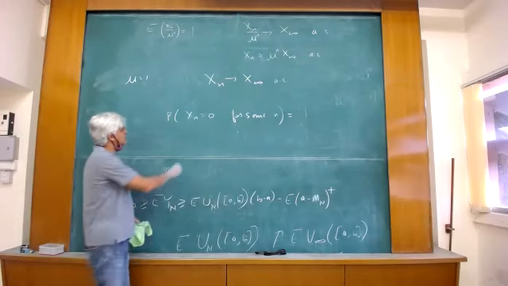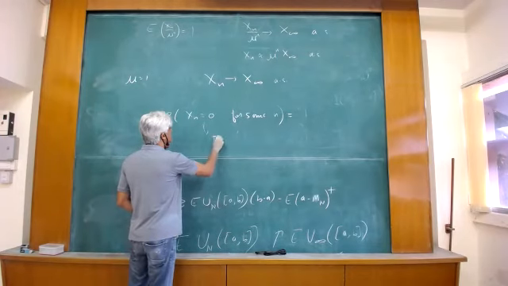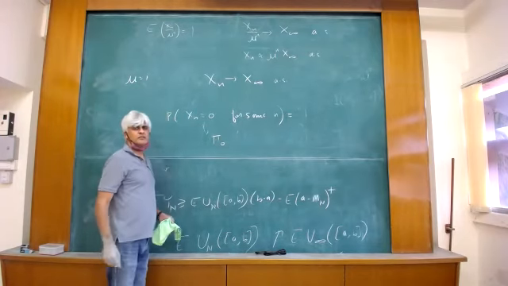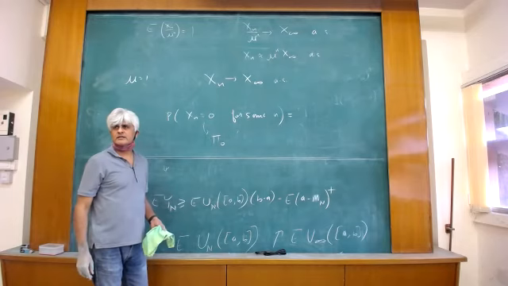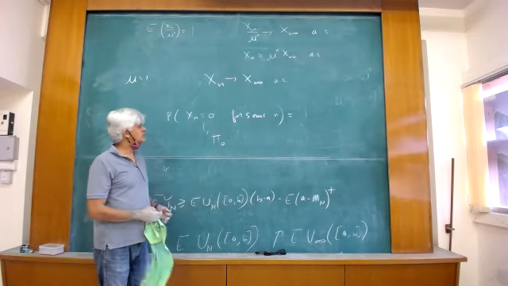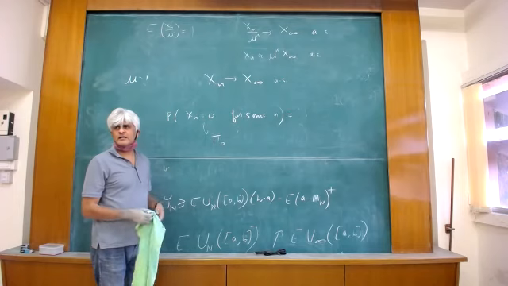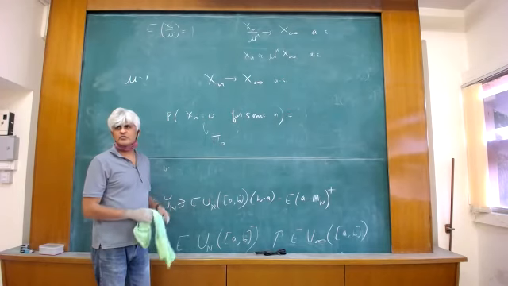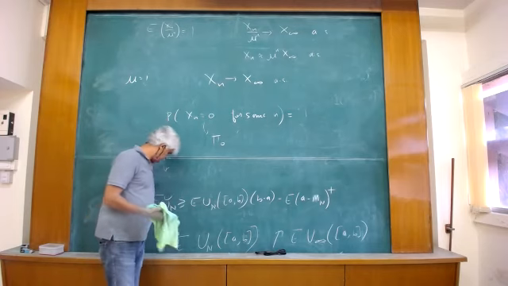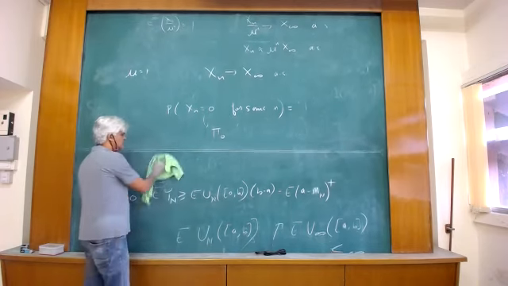Let's call this probability pi 0. This is the probability that the population goes extinct. So it's interesting that this pi 0 is going to be between 0 and 1 if mu is greater than 1, and it's going to be equal to 1 if mu is less than or equal to 1. So that's what we want to say.